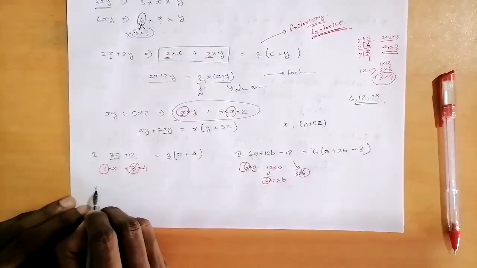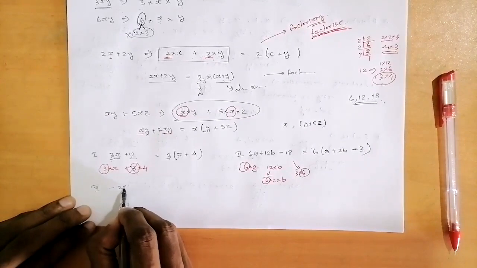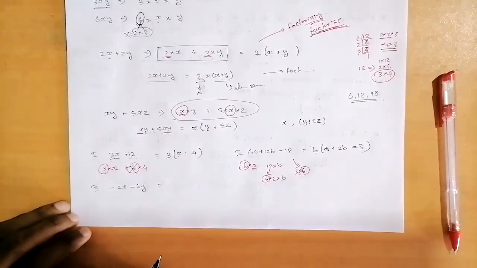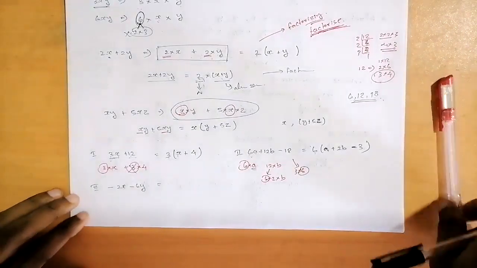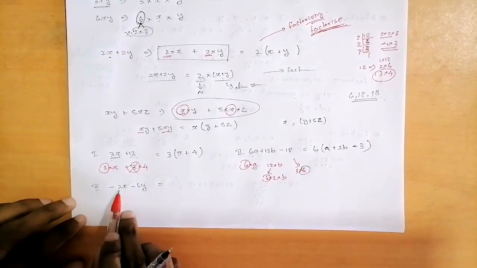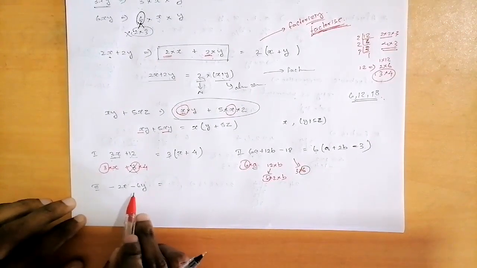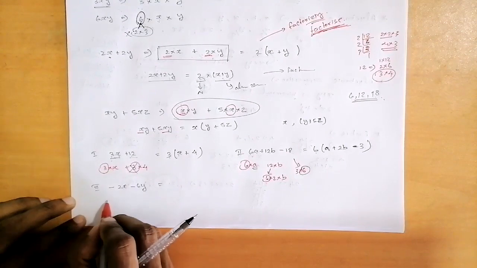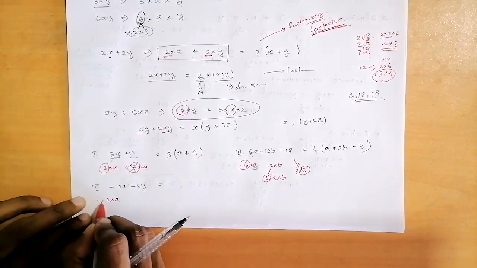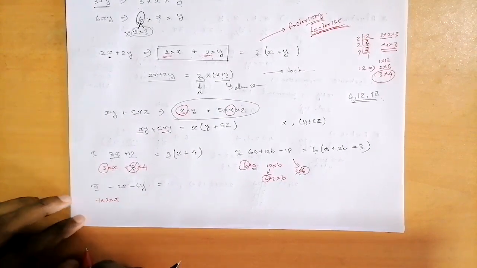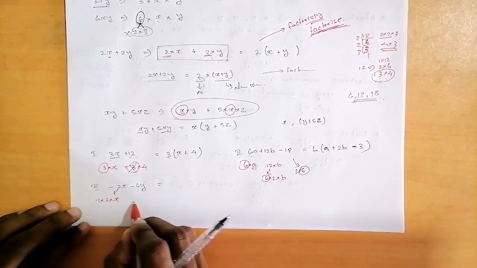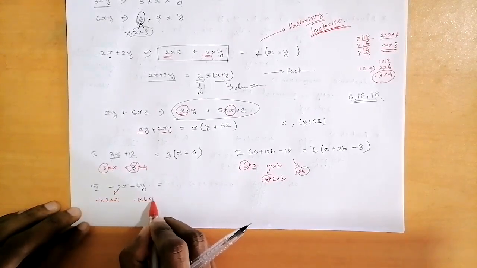Okay, we have another one. Minus 2x minus 6y. We have to check which are the common elements. 2x, we can write as 2 into x. The negative we call minus 1. Here we have minus 1 into 6 into y.